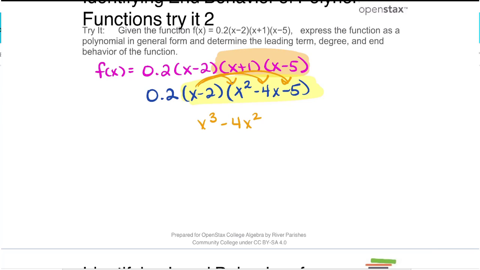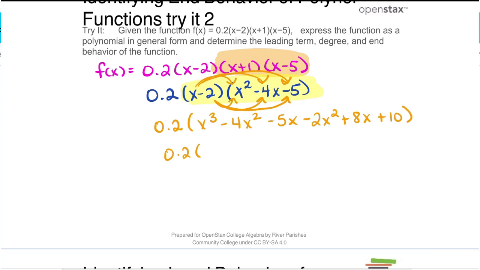X times negative 5 is negative 5x. Then I'm going to distribute the negative 2. Negative 2 times x squared is negative 2x squared. Negative 2 times negative 4 is positive 8x. Negative 2 times negative 5 is positive 10. And 0.2 is still outside of that.